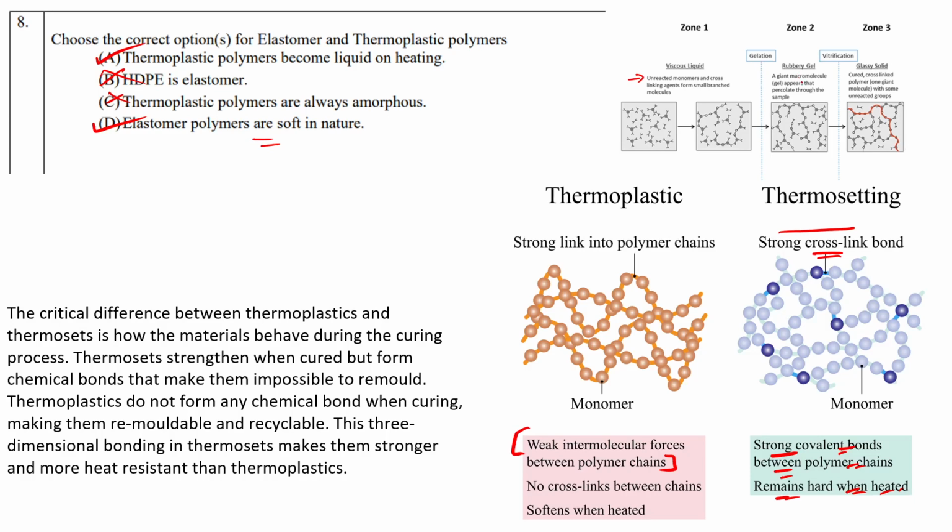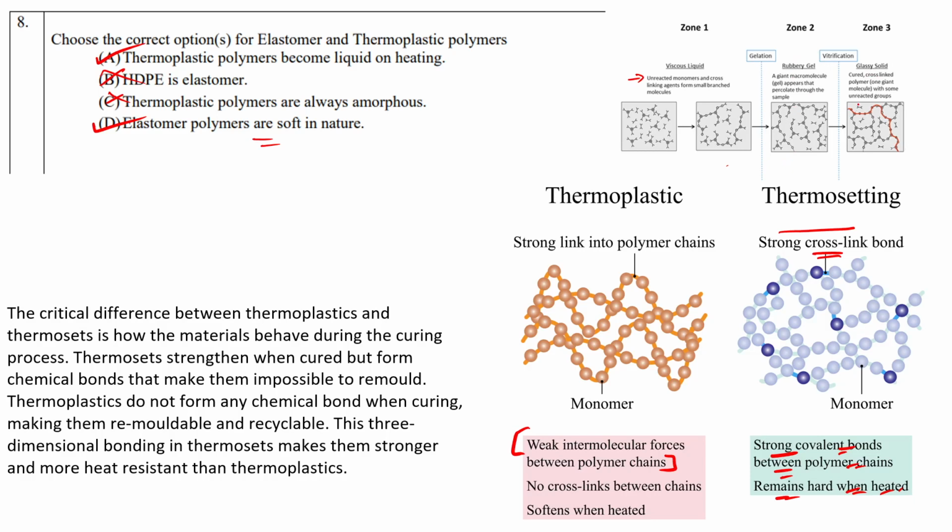In zone two, a giant macromolecule appears that spans the sample. The chain which is growing becomes macromolecular, very long, with a gel-like nature.